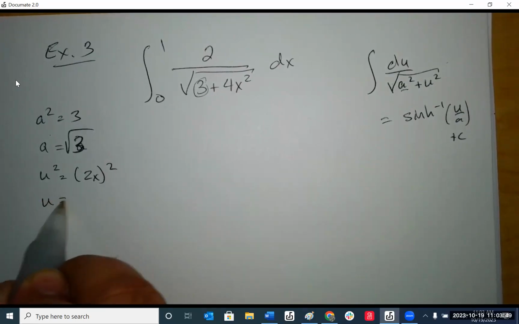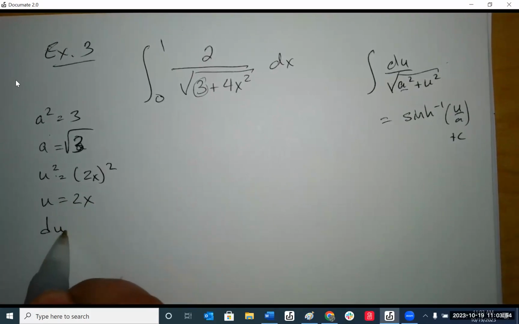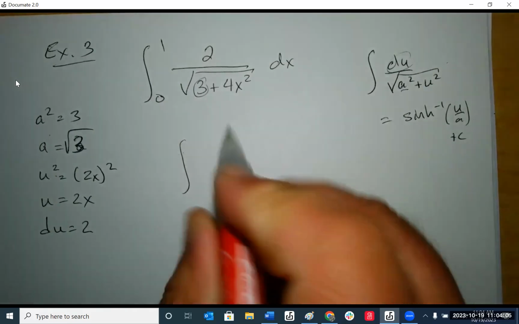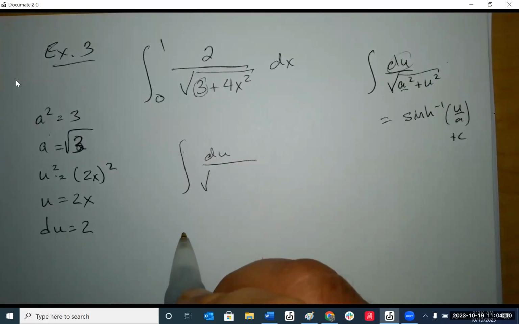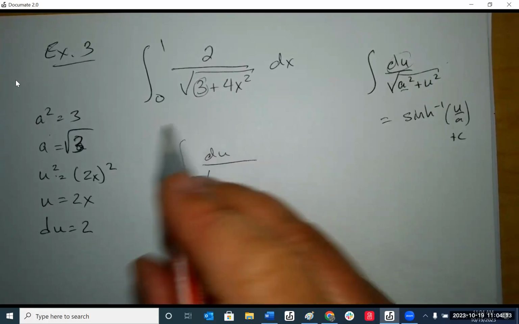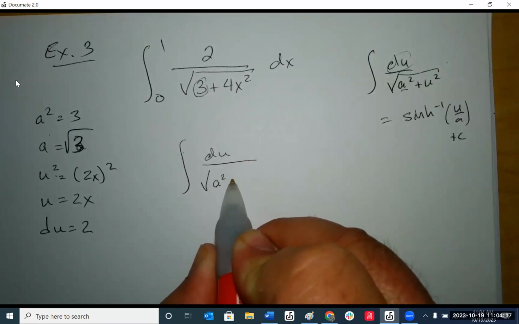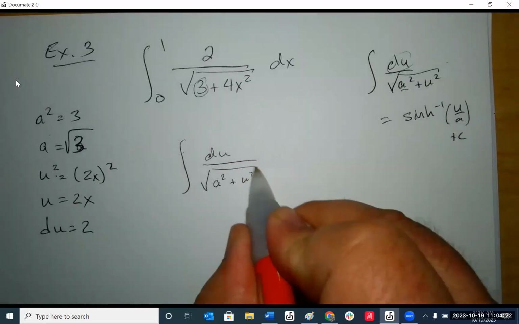So that means u is 2x. That means du is 2. Our du is 2. A squared is 3, and u squared is 2x squared. Yeah, so it fits there.